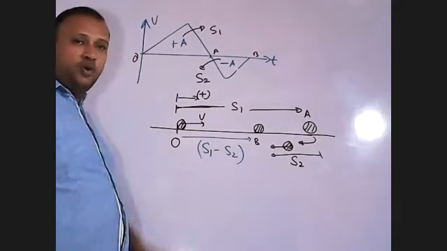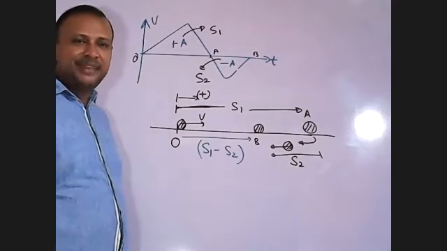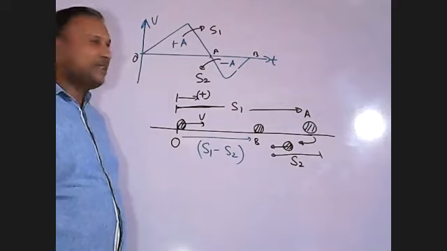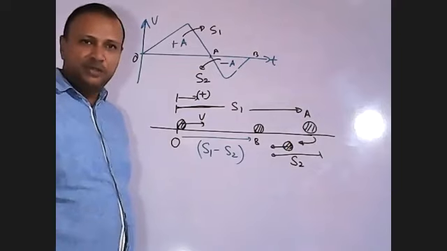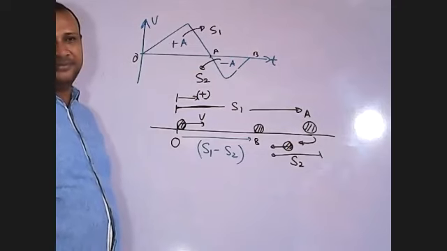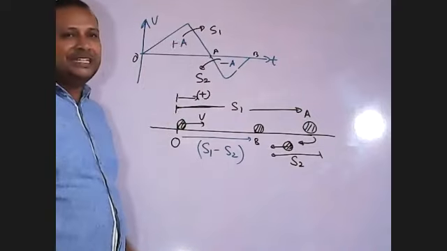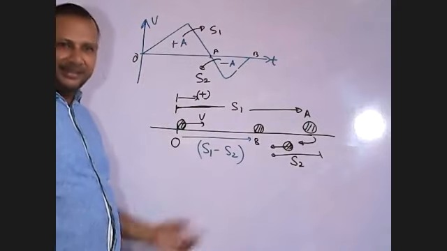So now the object should be at the original point, at the starting point. Therefore, displacement should be zero. So if both are equal to each other, displacement will be zero. That's the reason behind that.